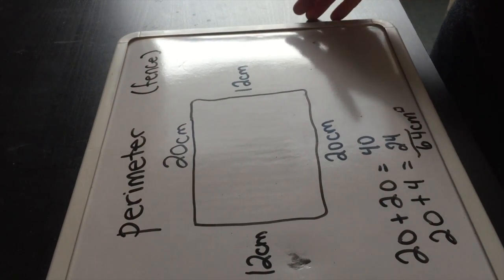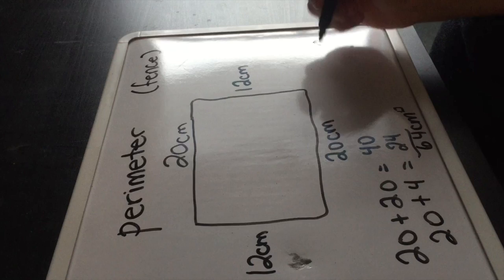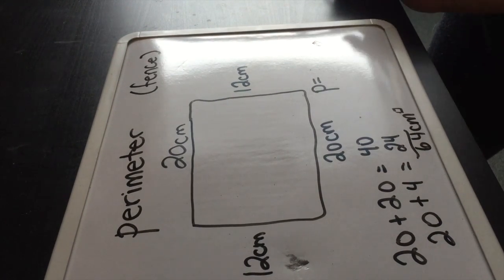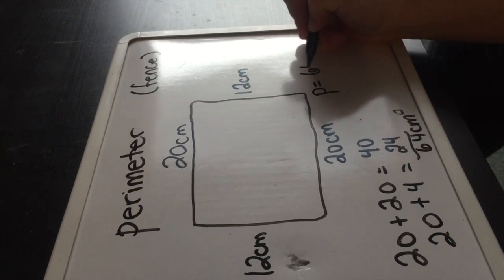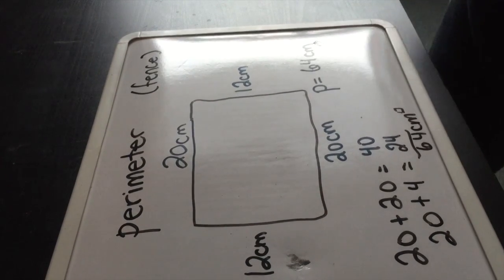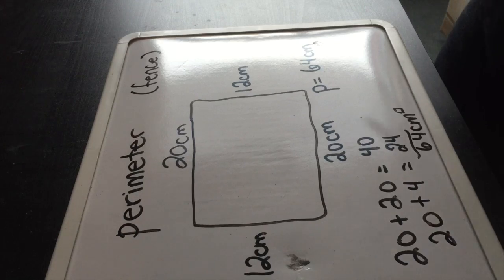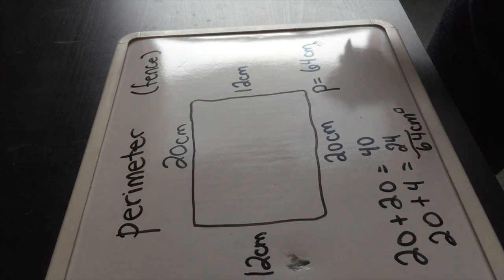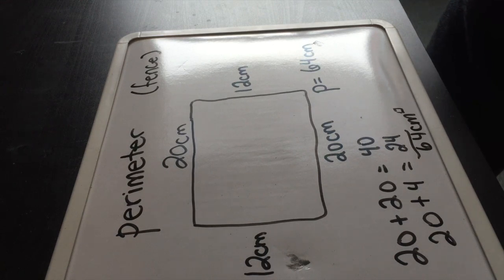This is exactly how they would show their work. Then when they had their answer, you'd say P equals, typically a lowercase p, 64 centimeters. This whole board is what you would expect for a level 4 answer.